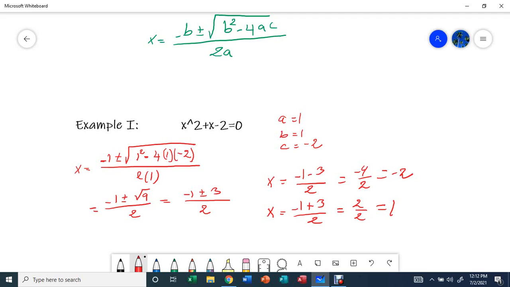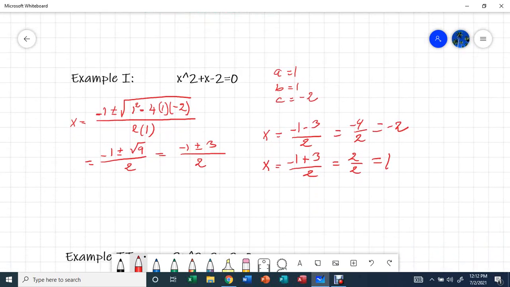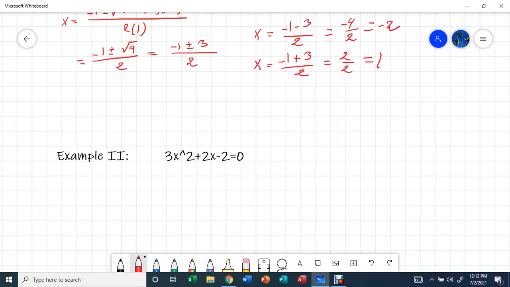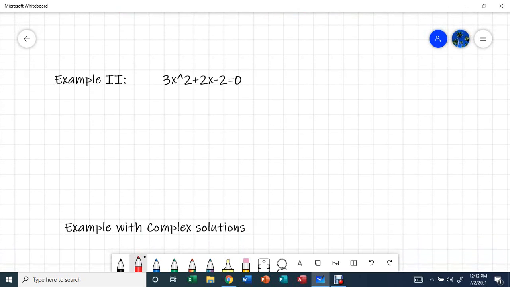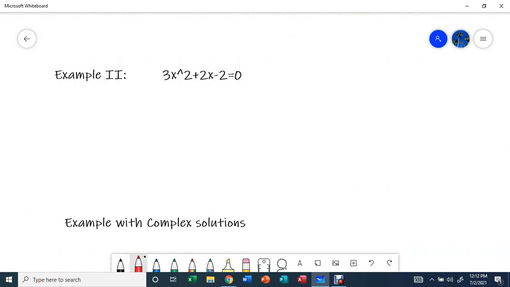So let's look at another example. 3x squared plus 2x minus 2 equals 0. And again, let's list a, b, c. So in this case, a is 3, b is 2, and c is -2.